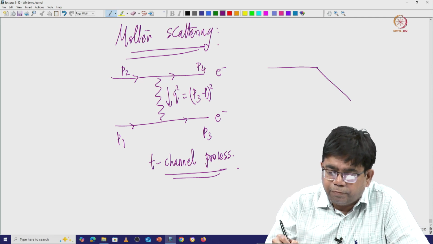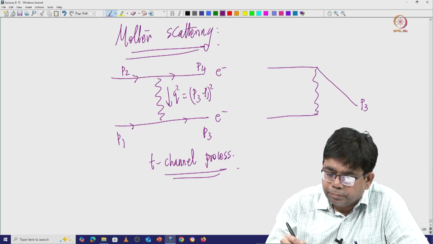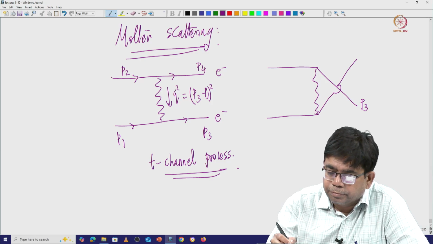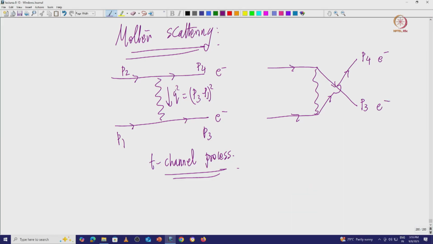So at the vertex, instead of taking the previous momentum, you take the P3 momentum.